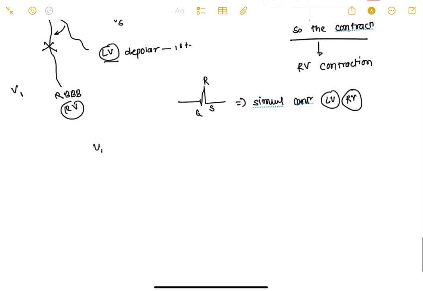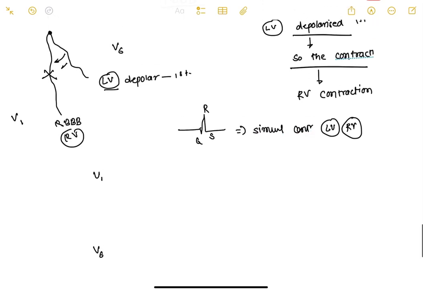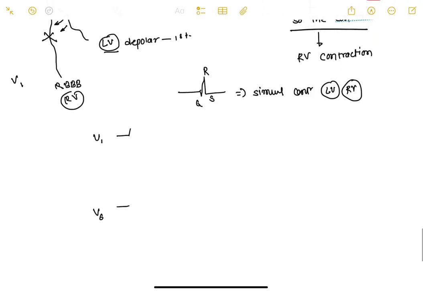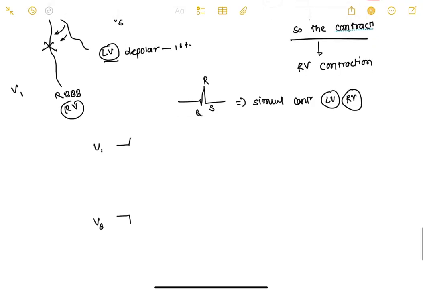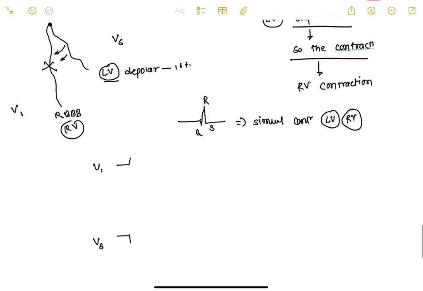Let's assume this is V1 and this is V6. Initially there is a flow of current from left to right, that is toward V1, so we will get this positive. Similarly in V6 we will get negative. Now since the left ventricle depolarizes first, the current is towards V6. So in V6 we will get this sharp positive, and in V1 we will get negative.